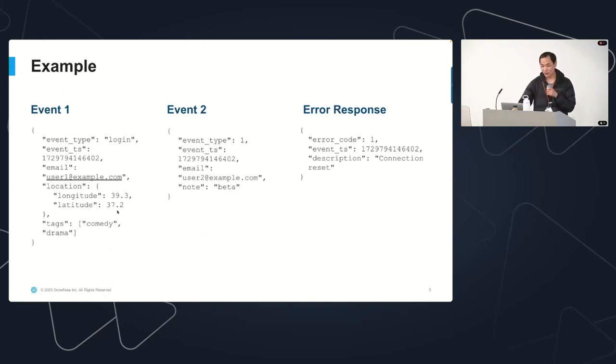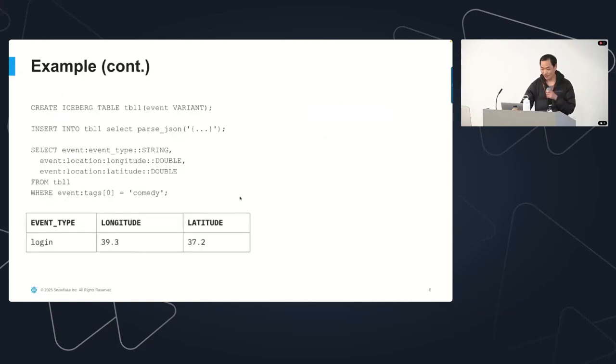And here I also include a nested array and objects, just to show how it looks. Here is an example: you can create a table with a variant column, and if it's JSON, you can just pass the JSON to load the data.